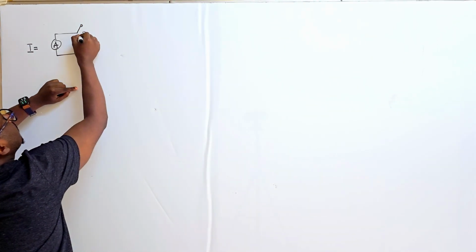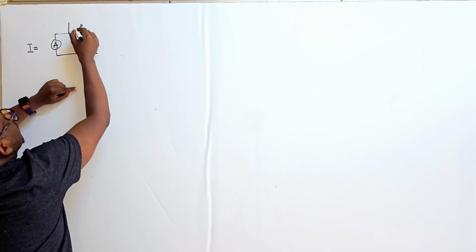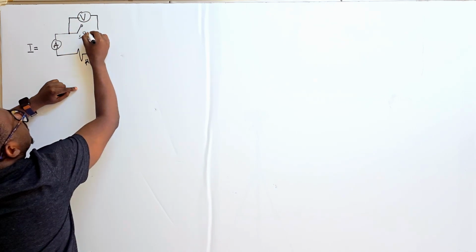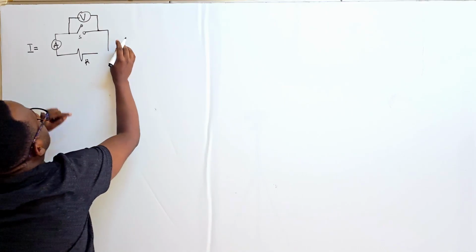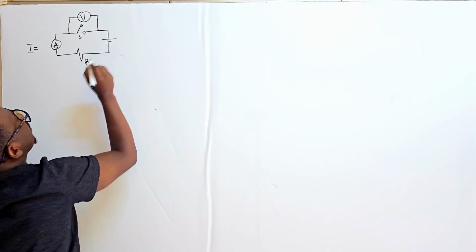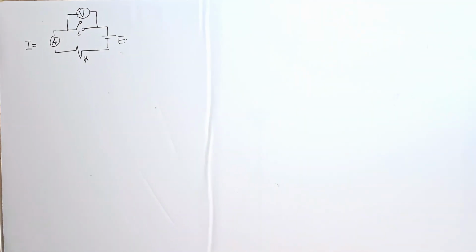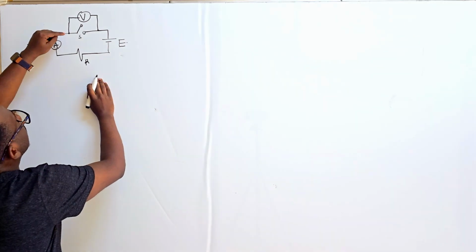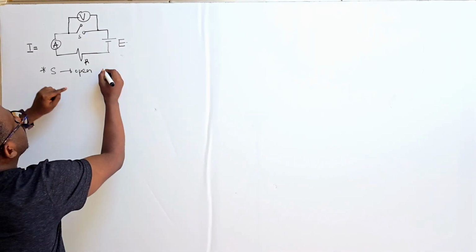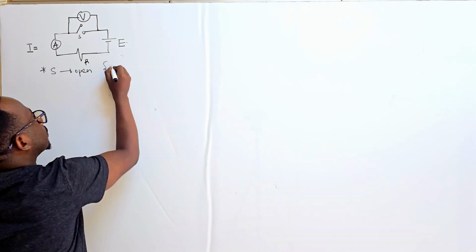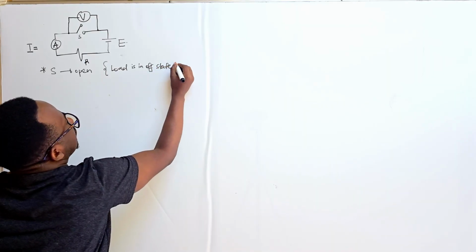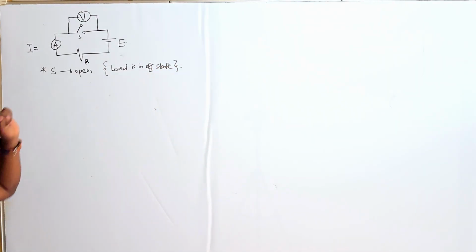So we have a switch, let's call it S, and we have a voltage measuring device right around there, and we have a power source, like a battery of a certain EMF E. So let's say we have scenario 1, S is open. In short, the load is in the off state.